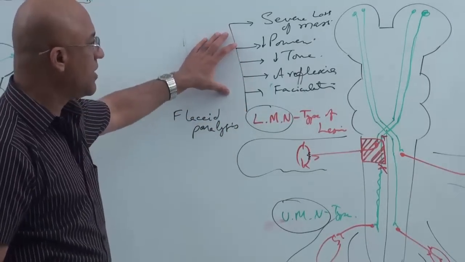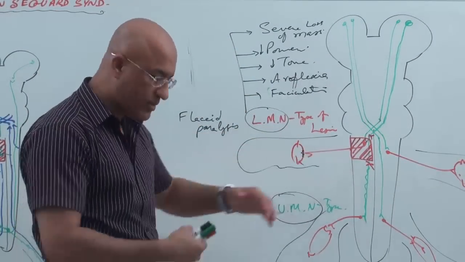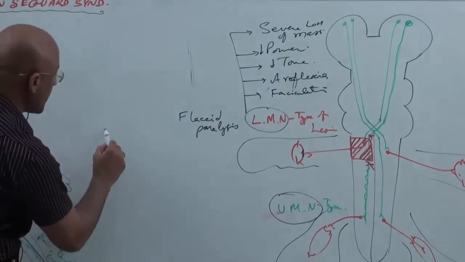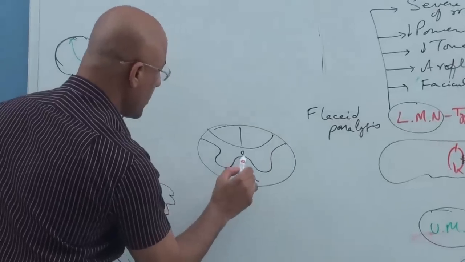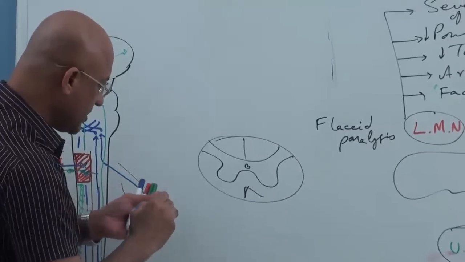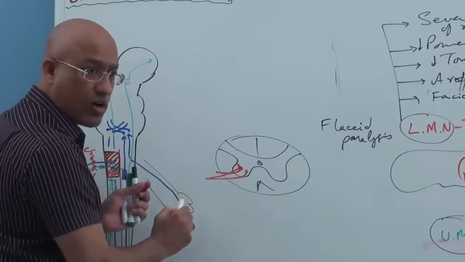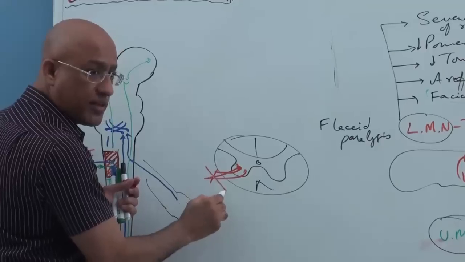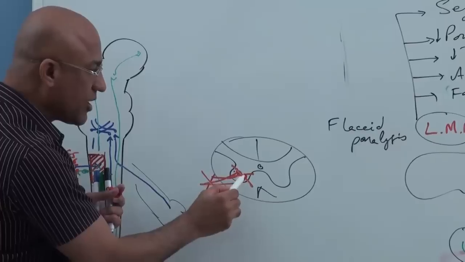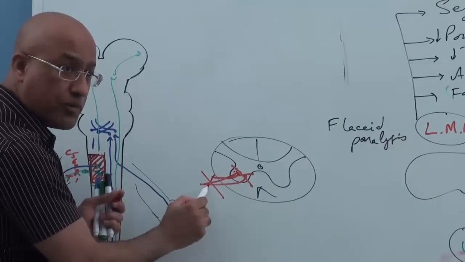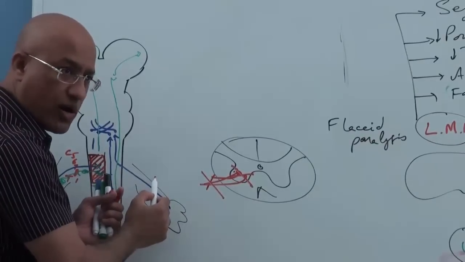Now, again, at the level of lesion, right? What is the real damage? Okay, let me show you. At the level of lesion in the spinal cord, here were lower motor neurons which were coming out, the anterior horn. Maybe this root is damaged, or of course this anterior grey horn is damaged. When the anterior grey horn is damaged and even the ventral root may be damaged, of course that will result in lower motor neuron loss to the muscles involved.